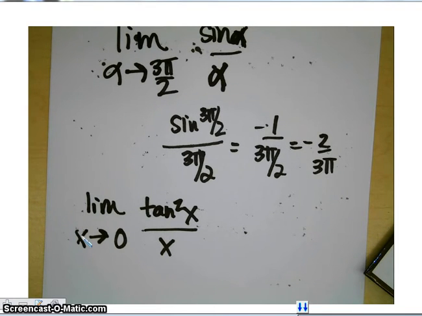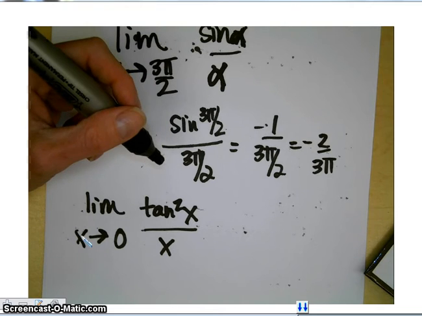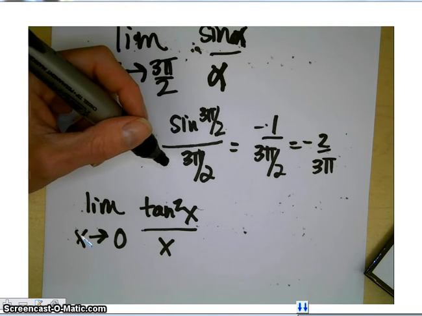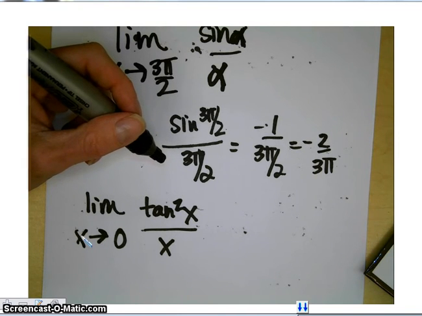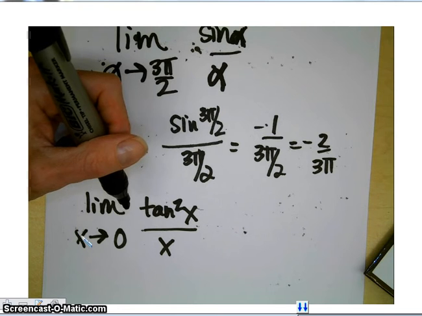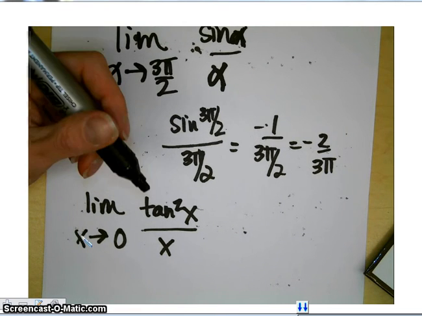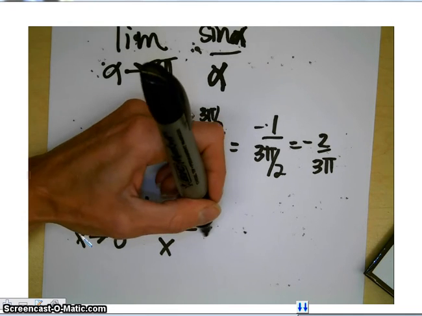It's 0. 0 squared? 0 divided by 0, indeterminate form, right? So what can I do? Well, tangent squared, gosh. What are my trig rules? If I were to use one of those trig rules, what terms does it have to be in? Cosine or sine. Do you remember trig verification, trig simplifying? It's always best if it's in terms of sine and cosine. So what's tangent in terms of sine and cosine?